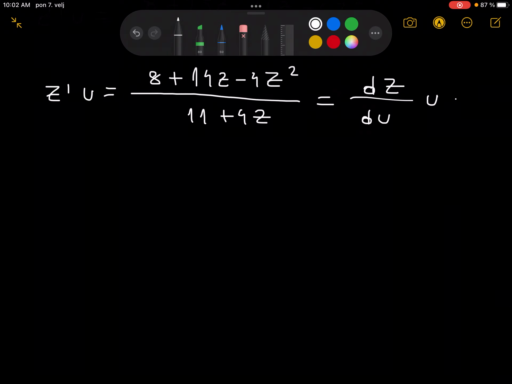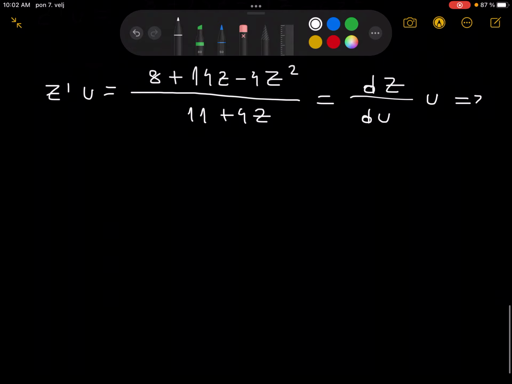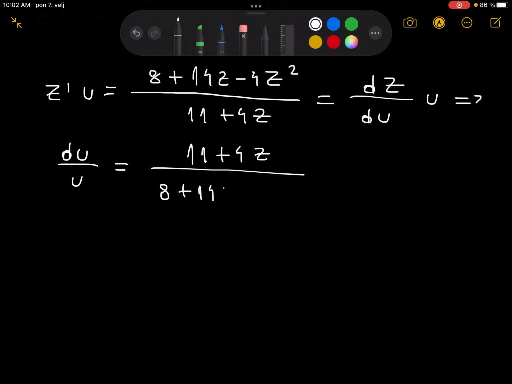So in other words, we can rewrite this problem as du over u is equal to 11 plus 4z over 8 plus 14z minus 4z squared dz.